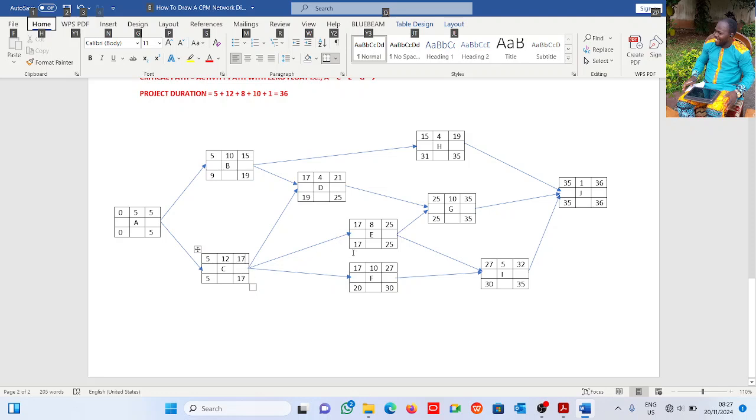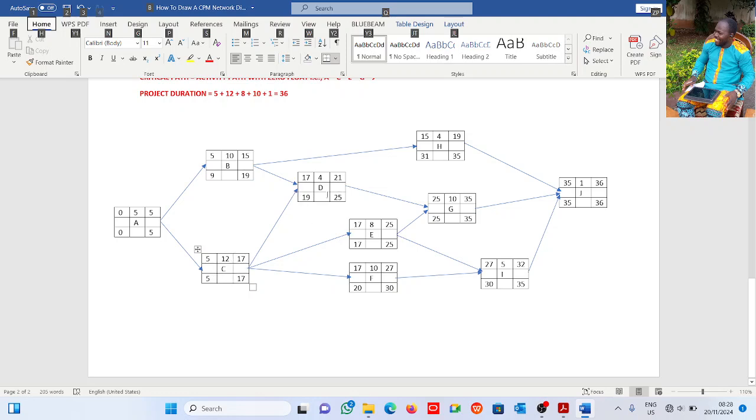Now activity C is depending on both of them, because we are doing the backward pass. We have 25, we have 17 now, and 20 as the late start. We have 17 and 20. Definitely we are going to be taking the lower value. So this gives us 17 here as the late finish for this activity. So 17 minus 5, 12. That gives us 5 here.